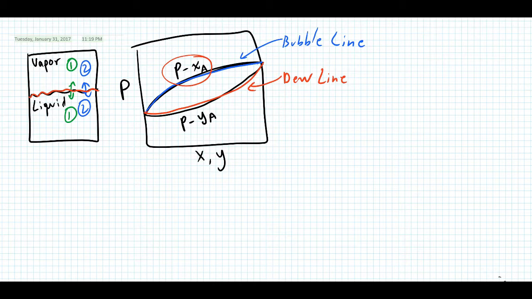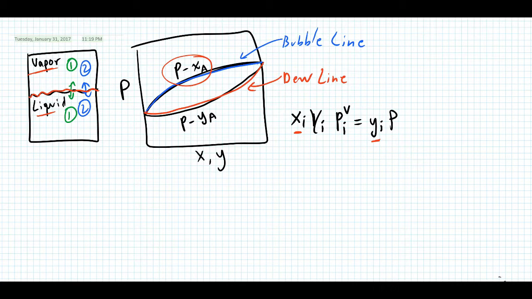The modified Raoult's law, to describe any binary mixture, looks like this: xi times gamma i, which is an activity coefficient, times the saturated vapor pressure of that pure species is equal to yi times P. Again, as a reminder, xi is the mole fraction of the ith species in the liquid phase, and yi is the mole fraction of the ith species in the vapor phase.